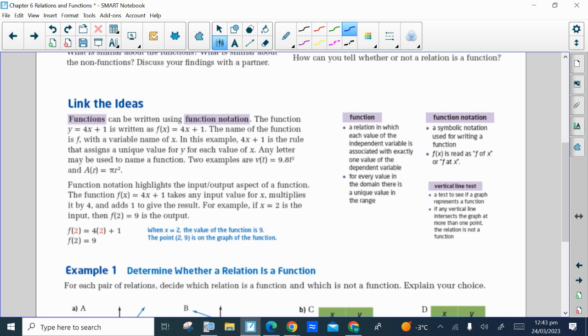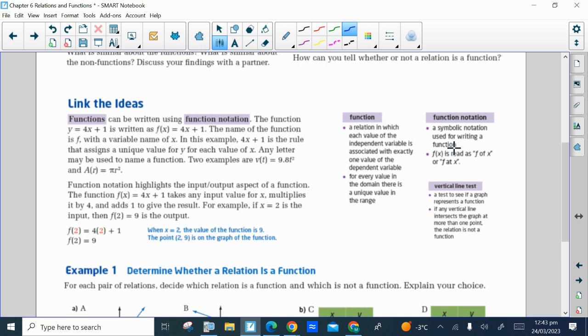So on the right, again, a function is a relation in which each value of the independent variable, which is x, is associated with one value of the dependent variable, y. In other words, for every value in the domain, there is a unique value in the range. Another way of saying this is that every point has a different x value. That's what you have to remember. Function notation is a symbolic notation used for writing a function.